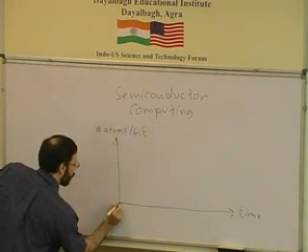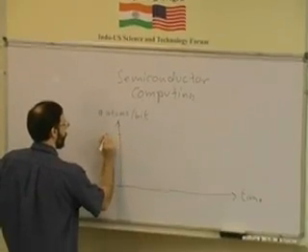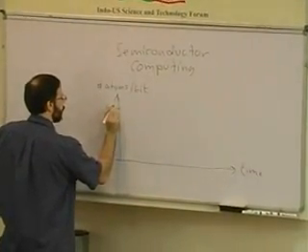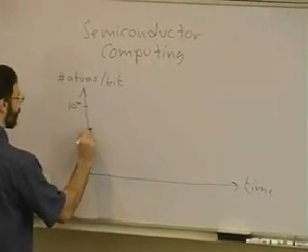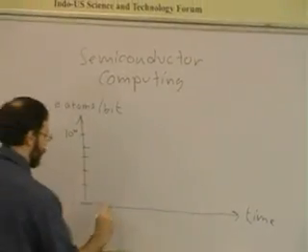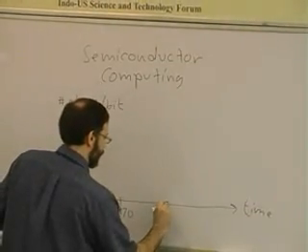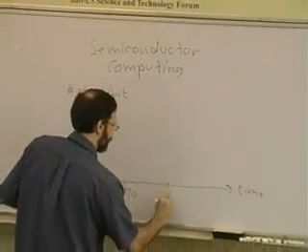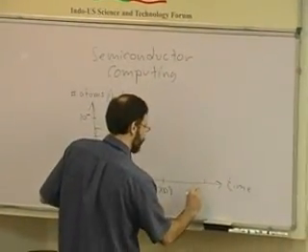Down here at the bottom, we'll put 1 atom per bit. At the top here was something like 10 to the 20 atoms per bit. And on an exponential graph, there are many decades in between. We'll start here in 1970. This is just approximate. 2008. And then right here, 2035.